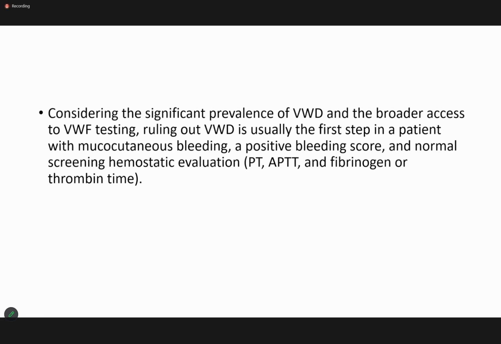So you need to consider von Willebrand testing in a patient with mucocutaneous bleeding, a positive bleeding score, and at the same time normal screening hemostatic evaluation, which is PT, APTT, and fibrinogen or thrombin time.